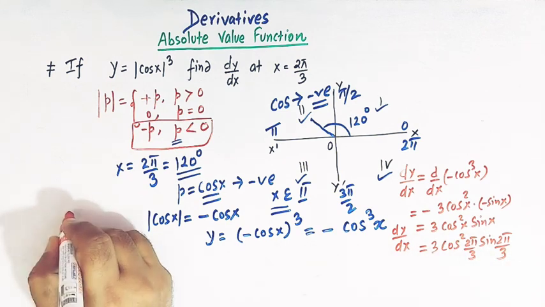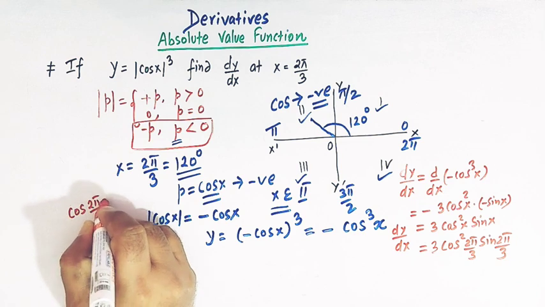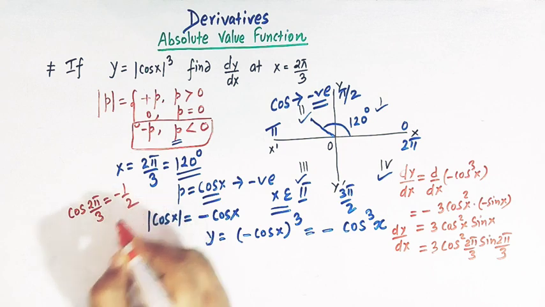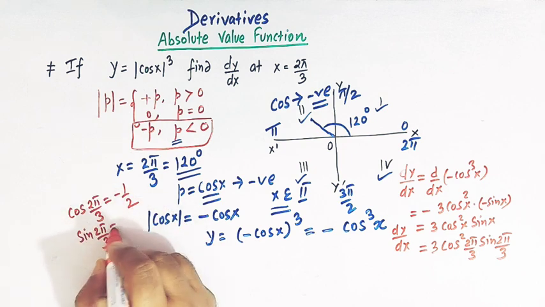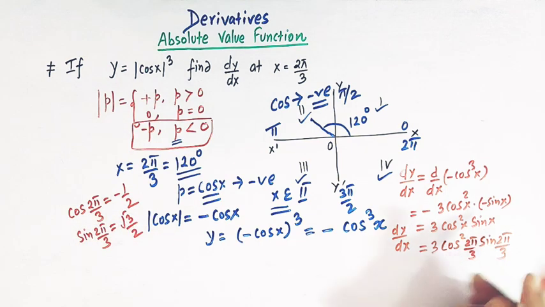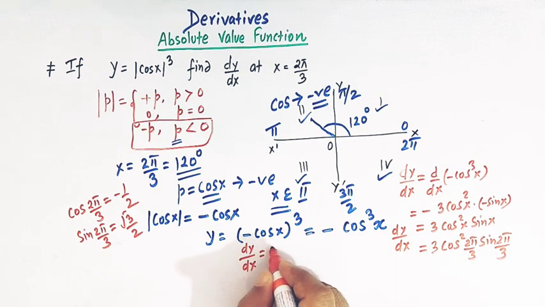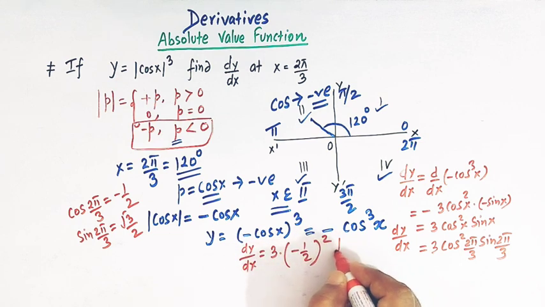We know from trigonometry that cos 2 pi by 3, that is cosine 120 degrees, is minus half, and the sine 2 pi by 3 is square root of 3 divided by 2. So substituting these values, we have dy over dx is equal to 3 times minus half square, and here we have root 3 over 2.